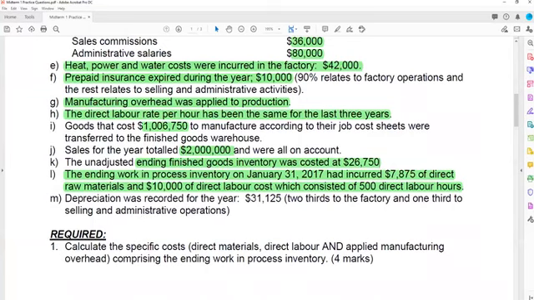Depreciation was recorded for the year, a total of 31,125, 2/3 to the factory, 1/3 to admin. So 2/3 is part of manufacturing overhead, 1/3 is part of operating expenses.